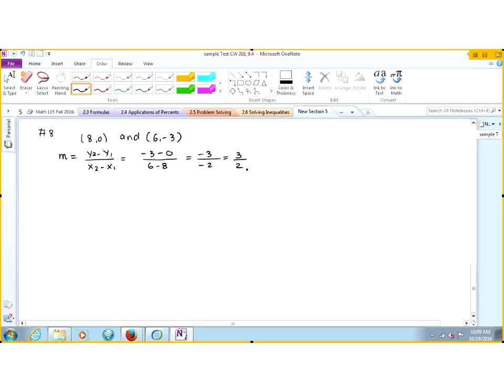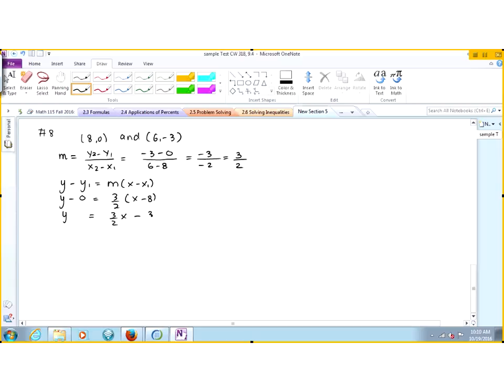I want the equation. How do we find the equation? You choose one point. Y minus y1 is equal to m times x minus x1. So y minus y1, what is y1? 0 is equal to m, 3/2 times x minus x1. What is x1? 8, yes. So y minus 0, which is y, 3/2x.